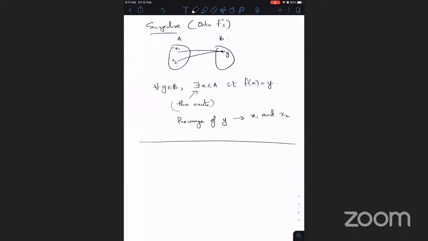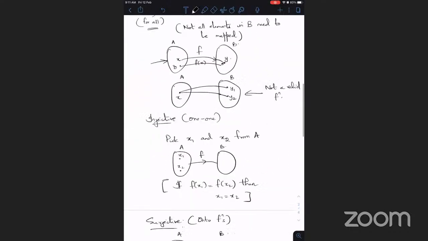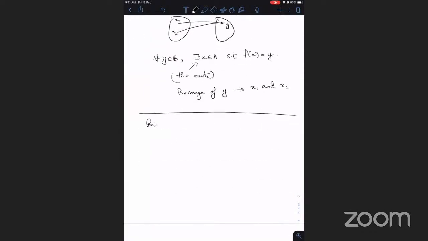So next is the bijective function. A function f is bijective if f is one-to-one and onto.